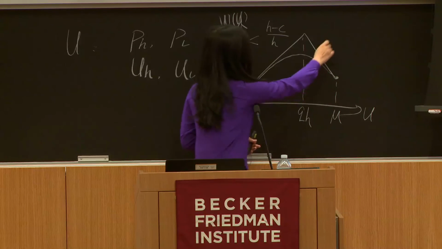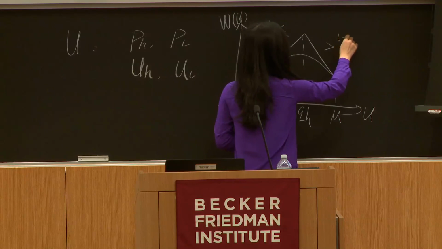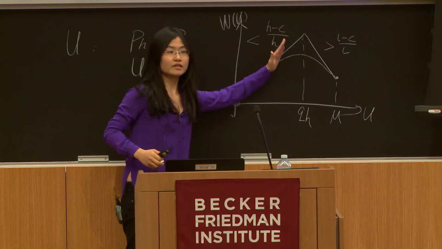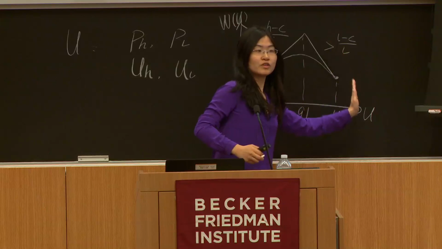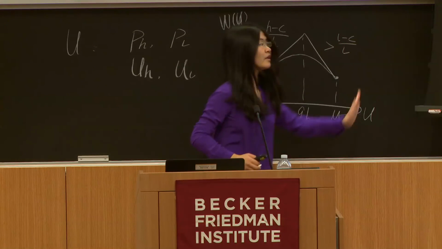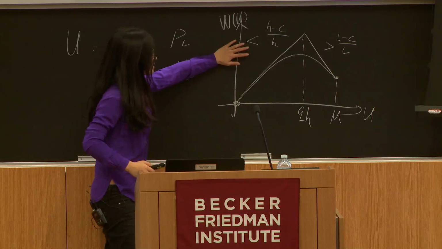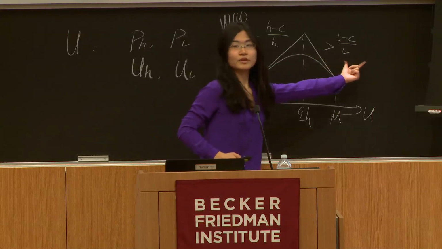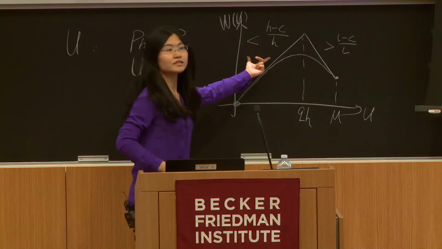And here, it has to be above l minus c over l. Okay, this is the slope of the first best in this region. And that's the slope of the first best in that region. So the slope of this second best function has to be between these 2 numbers. This is a negative number and this is a positive number.